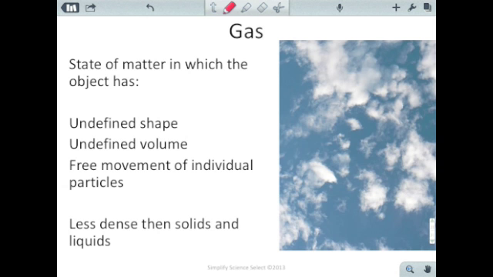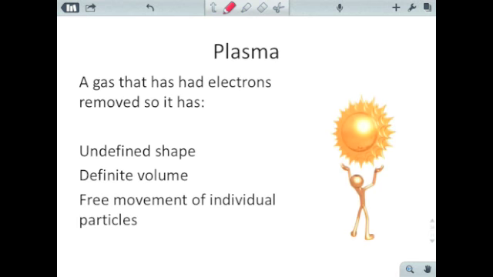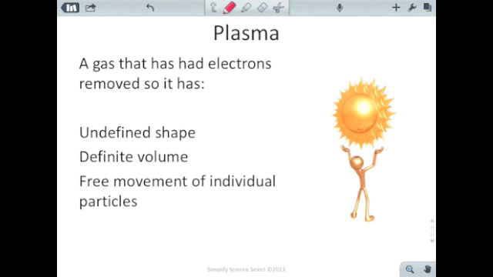And they're less dense than solids and liquids. So as we've gone from solid, liquid to gas, we're getting less and less dense. And then the next one we have is plasma. A plasma is a gas that has had electrons removed so that it has an undefined shape, a definite volume, and a free movement of individual particles.